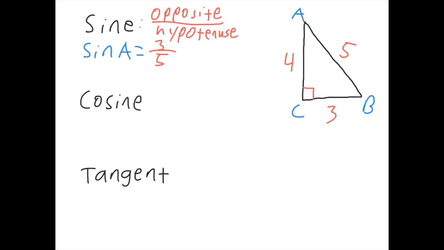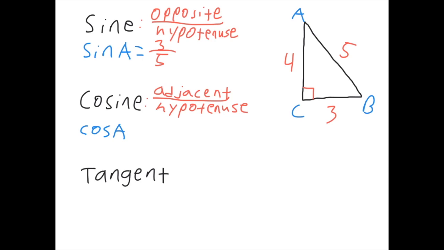Now let's look at cosine. The cosine ratio is adjacent over hypotenuse. So again, as an example, let's say cosine of A, and the abbreviation for cosine is COS.